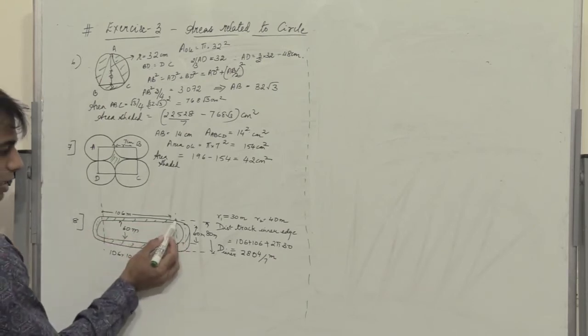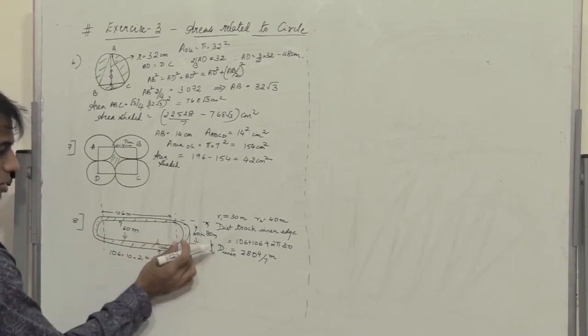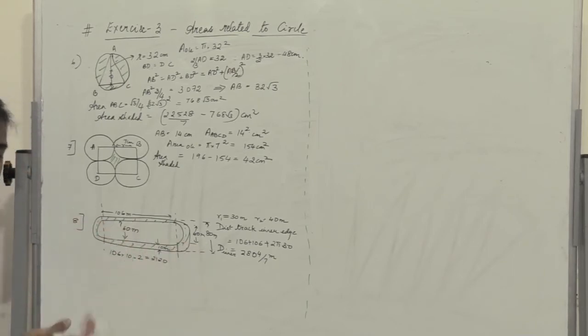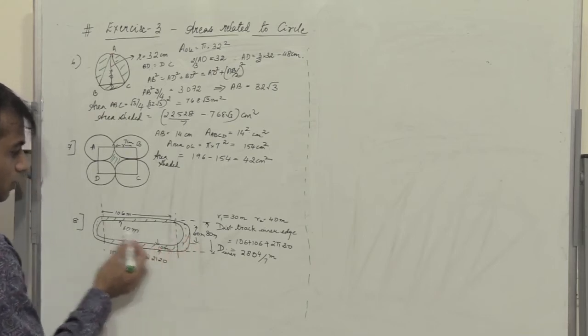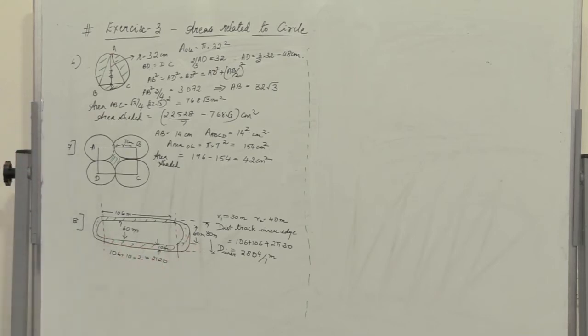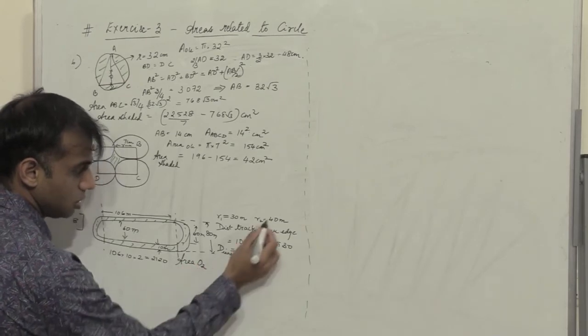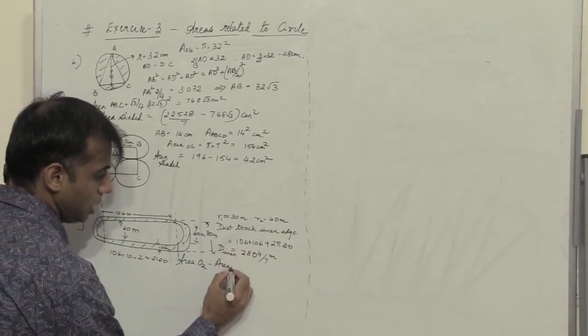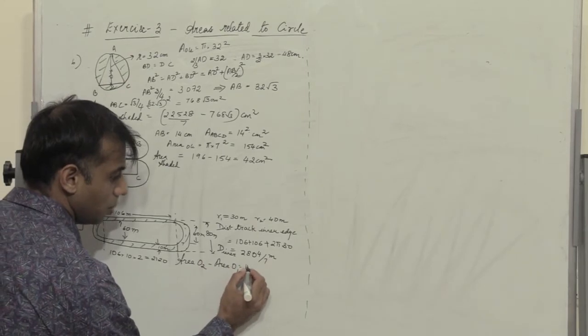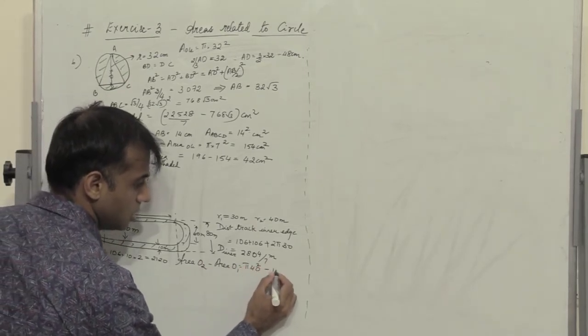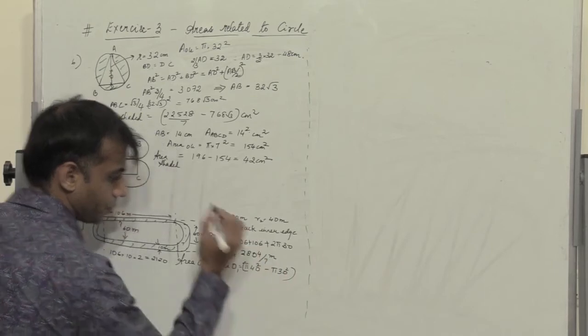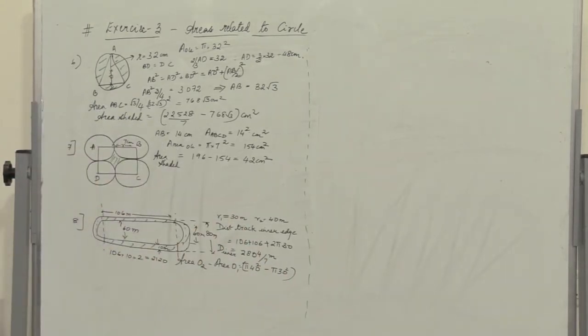To do that, find the area of the outer circle, because you have half circles on either side, minus the area of the inner circle, which will give me these two areas. So we have the area of the outer circle, that is circle 2, minus the area of the inner circle, which is circle 1, which is pi 40 square minus pi 30 square, and I need to add it to 2120.